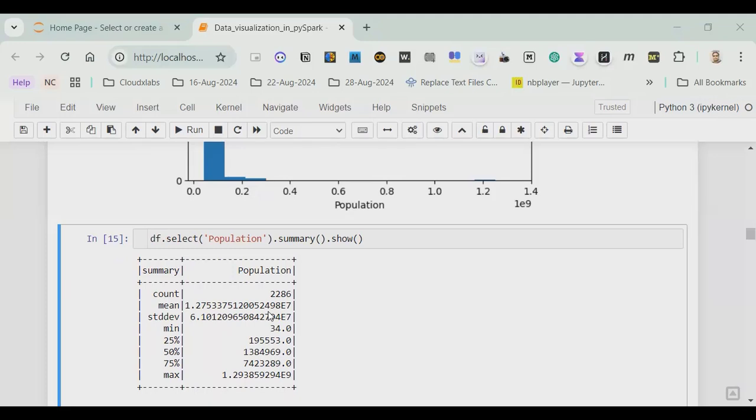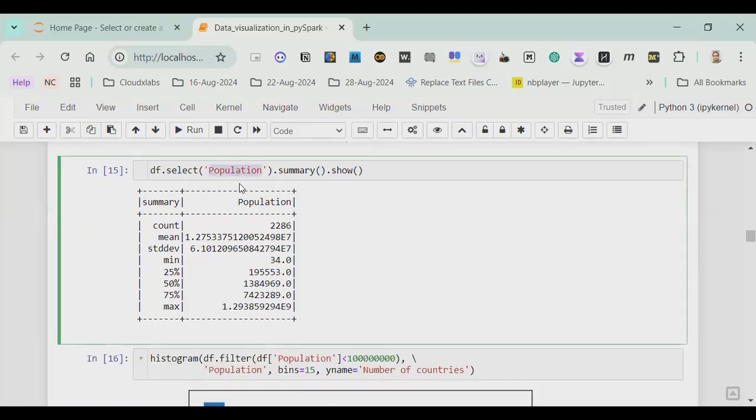It will provide not only simple information, but statistical information. That's important. Count means what? Total count. Now I am taking population here. Can you give me the population summary and show it? Population is one column, select it, give it a summary and show.